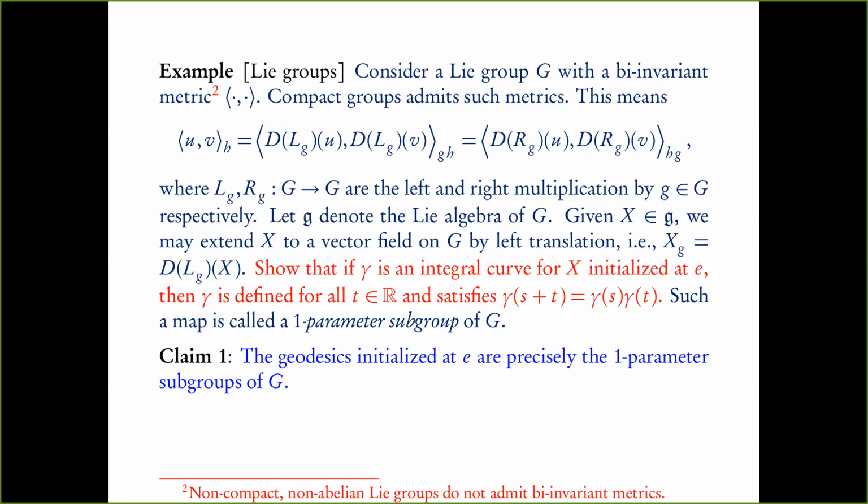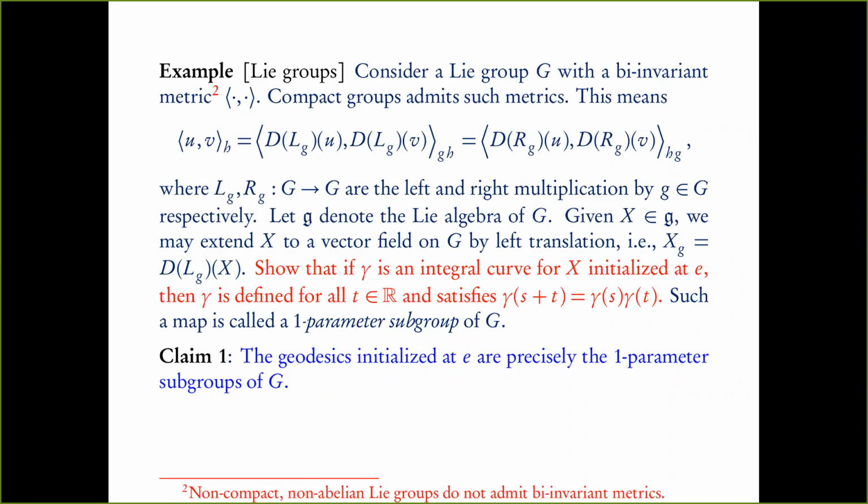Remember, what is a geodesic? If gamma is a geodesic, then it should satisfy the equation nabla gamma dot is 0, correct? So if I can show that nabla X X is 0, where X is a left invariant vector field, then I'm done, because the corresponding integral curve for X is gamma, and I'm claiming gamma is a geodesic.